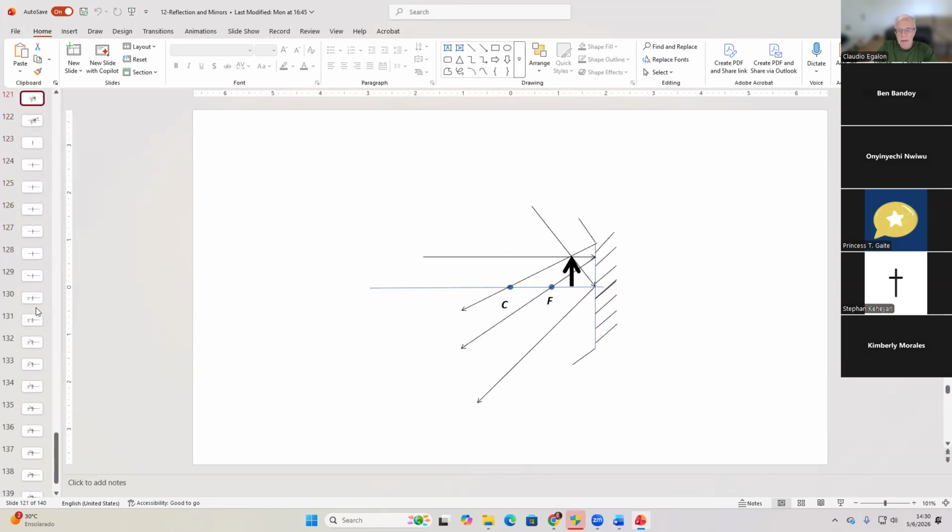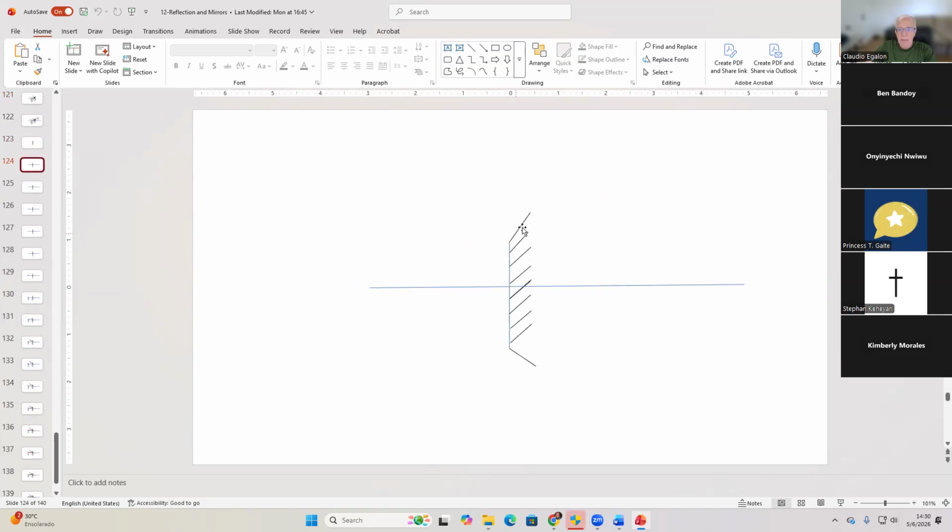Right? Positive mirror: the border is in the concave direction. Negative mirror: the border is in the convex direction. So here you go. Center of curvature. And we have this other center of curvature, right?